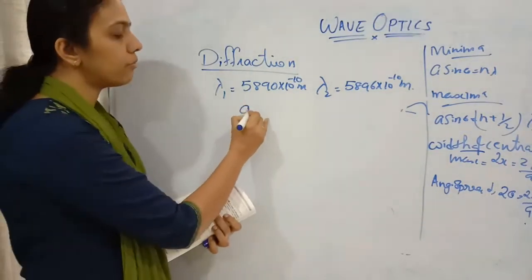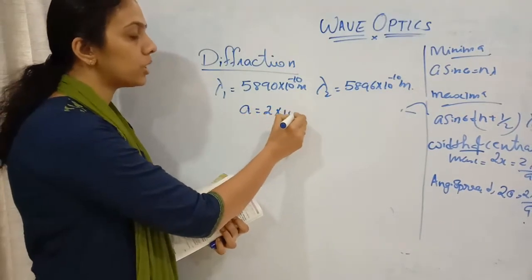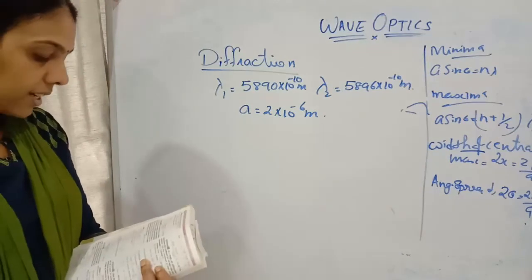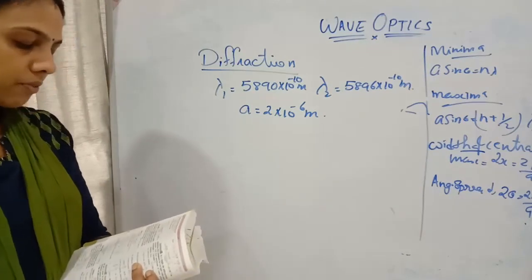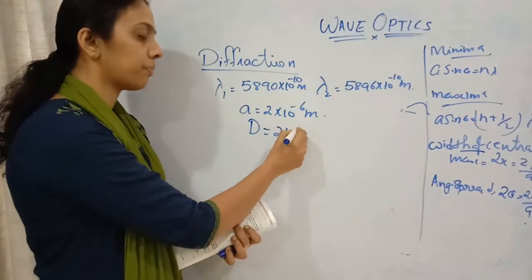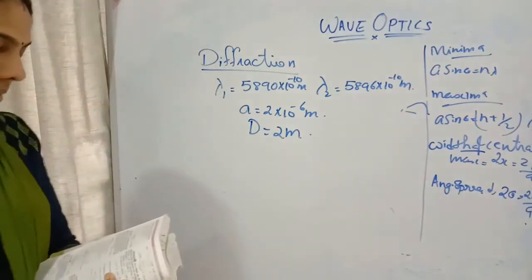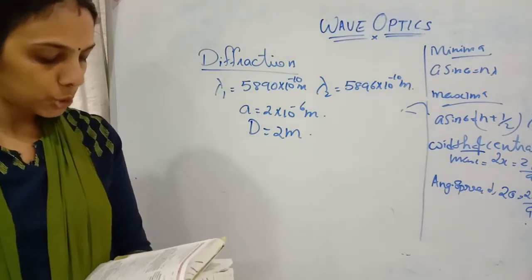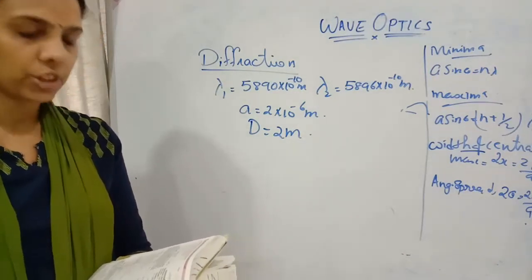So a is the same for both, 2 into 10 to the power minus 6 meter. The screen is located 2 meter from the slit. Now find the spacing between the first maxima of the two sodium lines as measured on the screen.